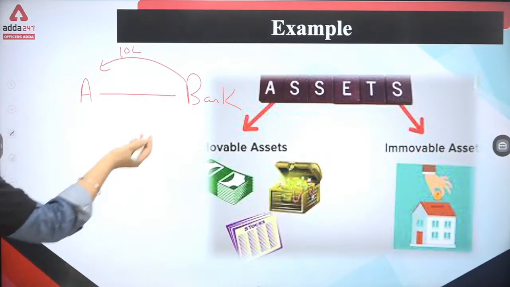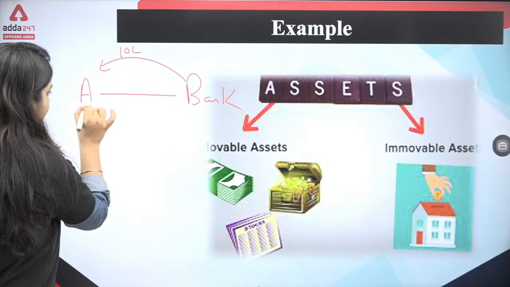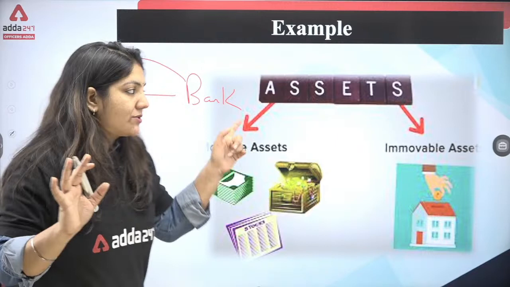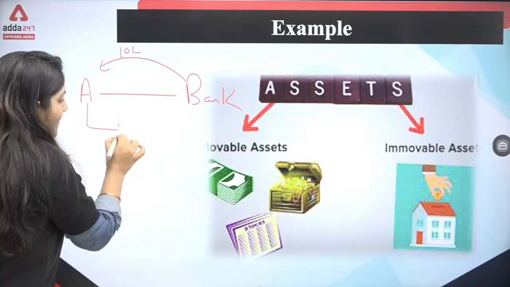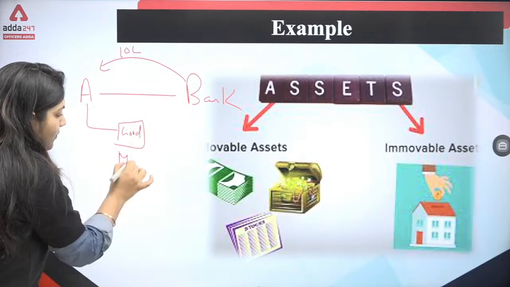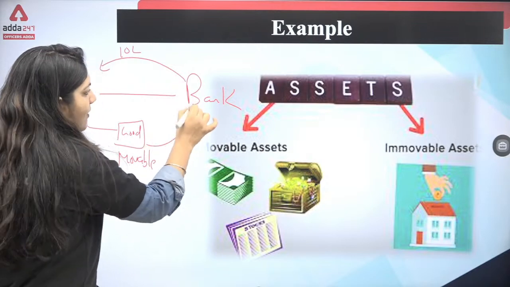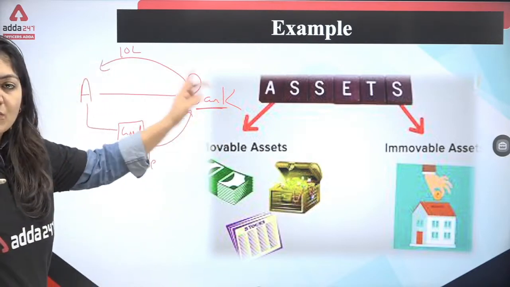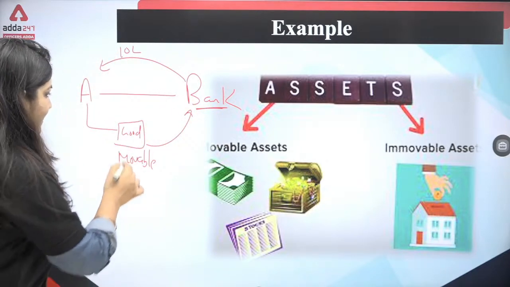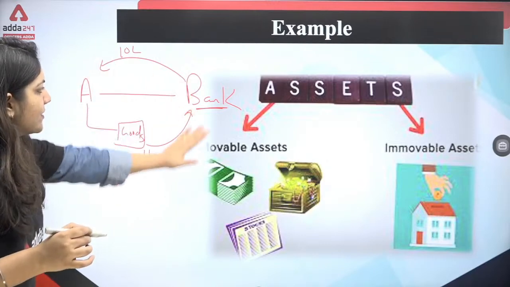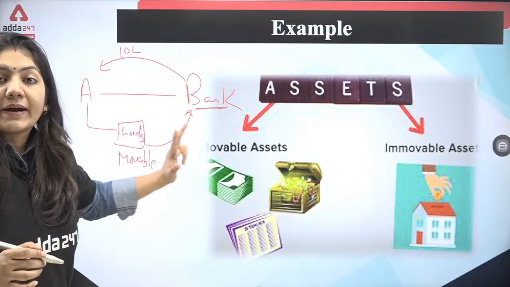Now the bank will not give the loan freely, so the bank will keep a security. So the person gives movable goods to the bank. In this case, this contract is called a contract of pledge.